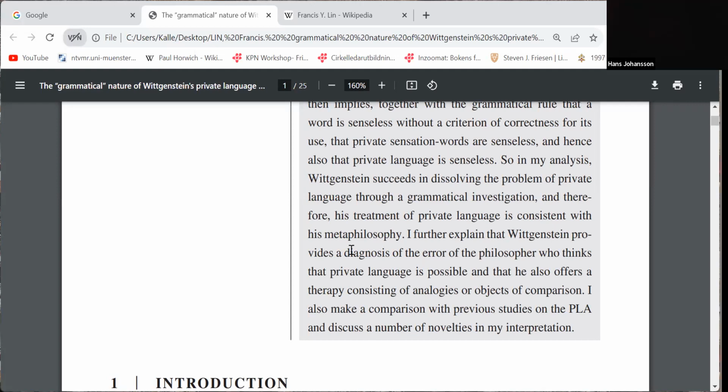I further explain that Wittgenstein provides a diagnosis of the error of the philosopher who thinks that private language is possible, and that he also offers a therapy consisting of analogies or objects of comparison.